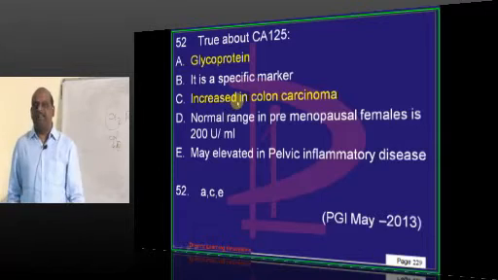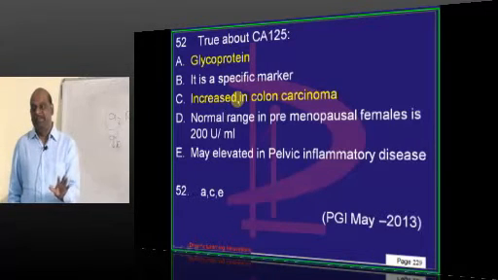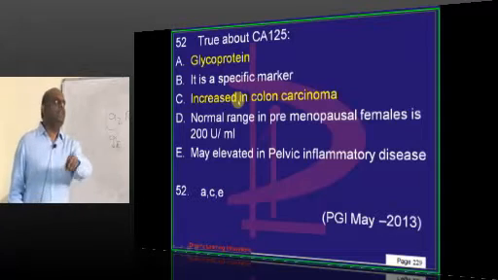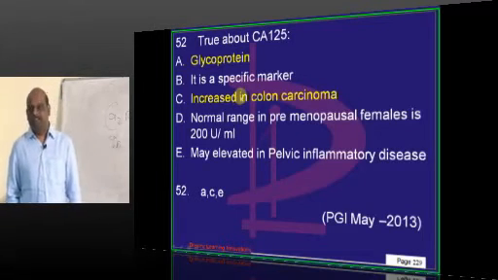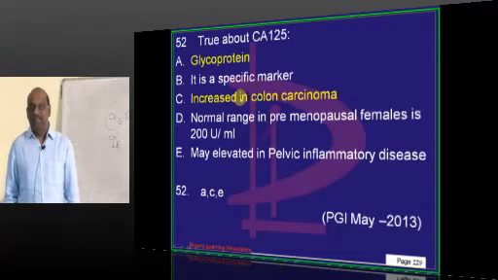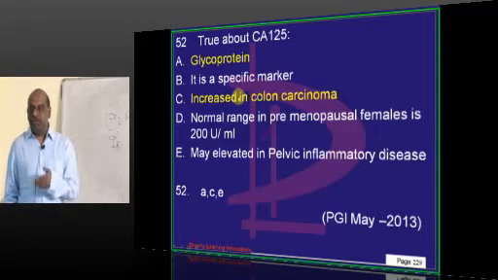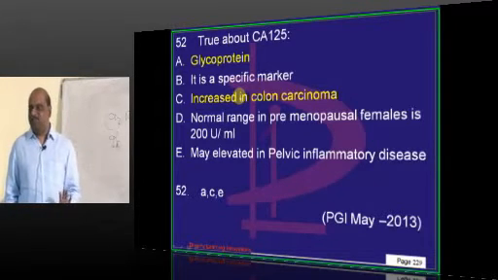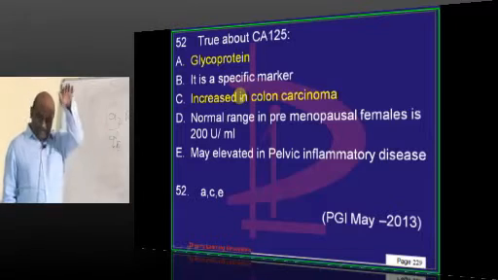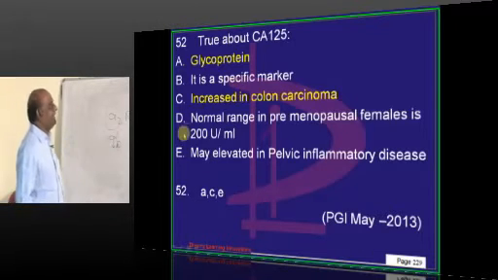Never commit for any marker that it is specific, generally, because there will be at least 2 to 3 other conditions where it will be elevated for most of the markers. Except anti-histone antibodies in drug-induced lupus. There are some specific markers, although you have to remember 8 to 10 specific markers.